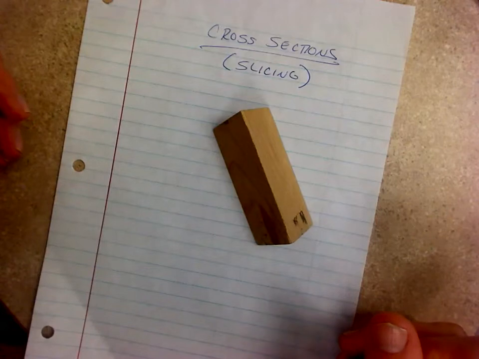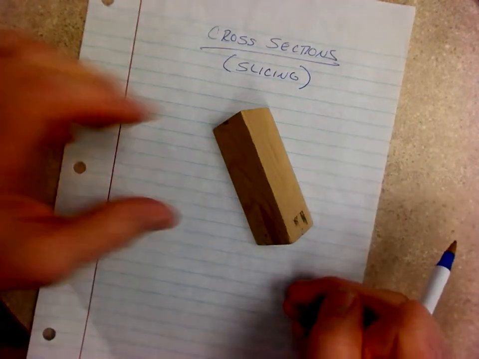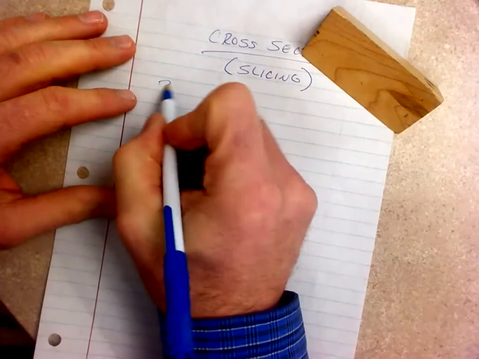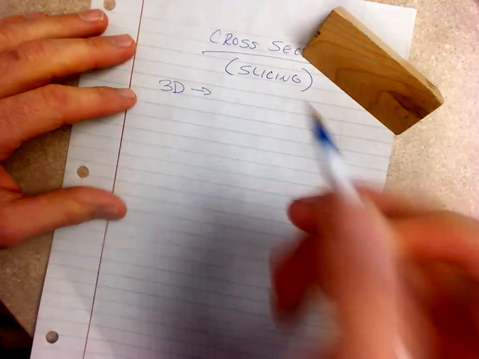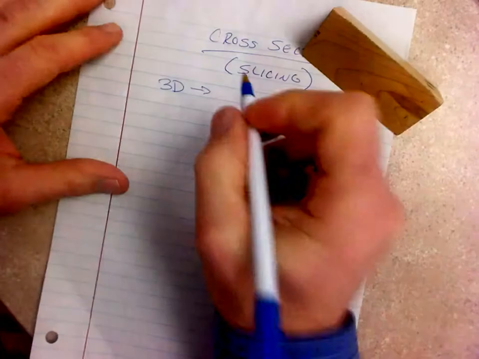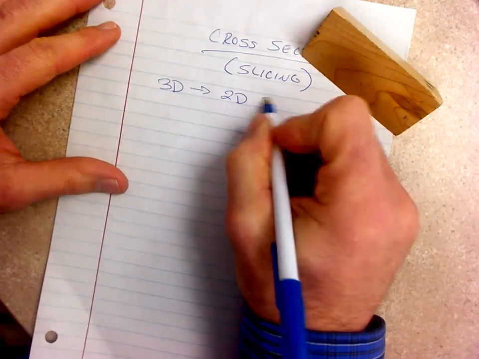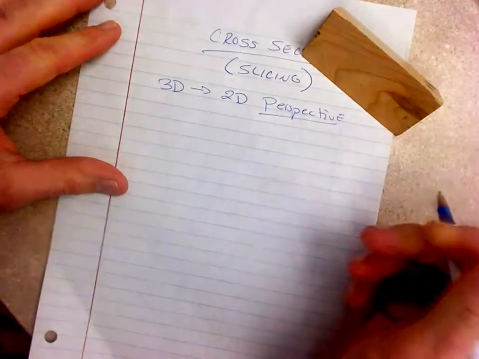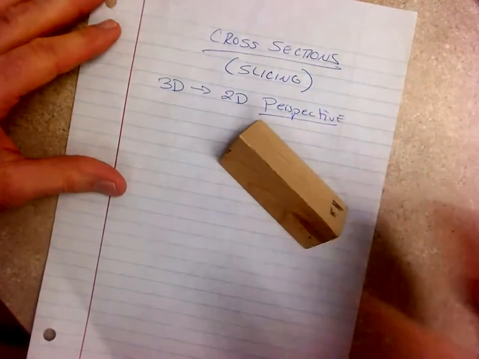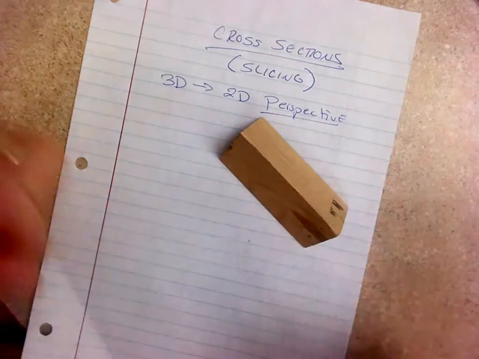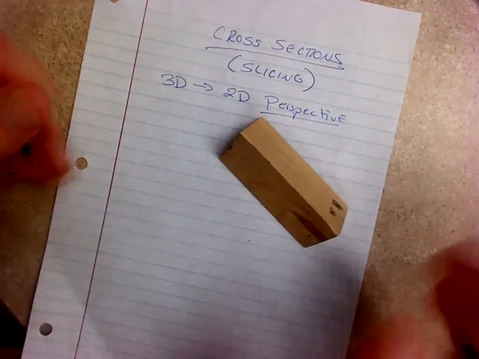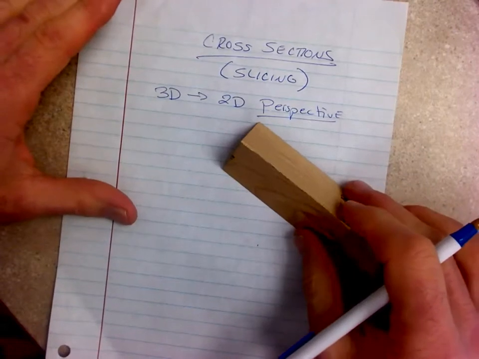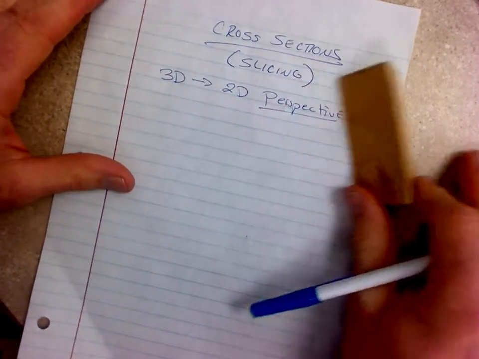So that's the goal for today, to be able to take this three-dimensional block and look at it from a 2D perspective. If I cut this particular block, what two-dimensional polygon am I going to see?